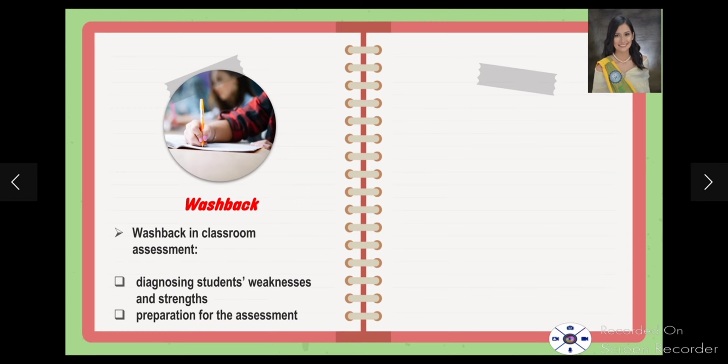The examples of this are the formative, formal, and summative assessment, because these tests are said to have a positive washback. Why? Because they assess the strengths and weaknesses of the students from the start, during the class period, and after the class period.